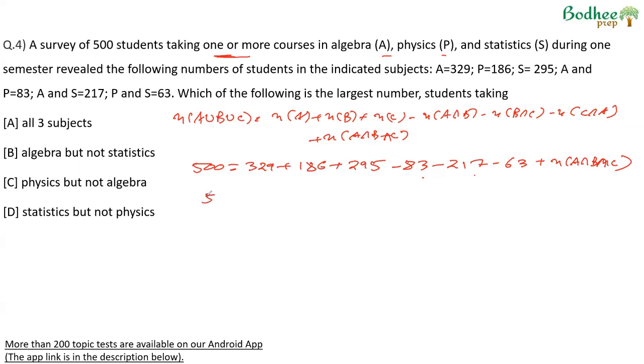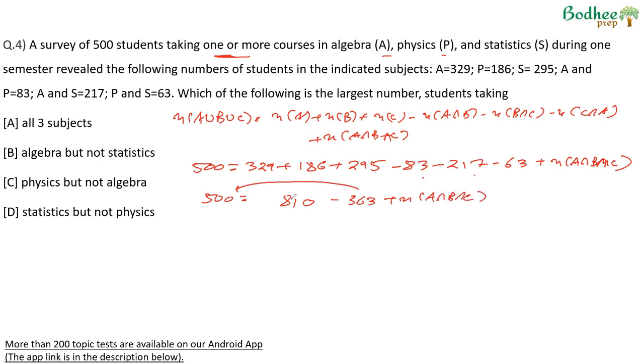So we'll have 500 is equal to 810 minus 363 plus n of A intersection B intersection C. These are the people who have taken all three courses.